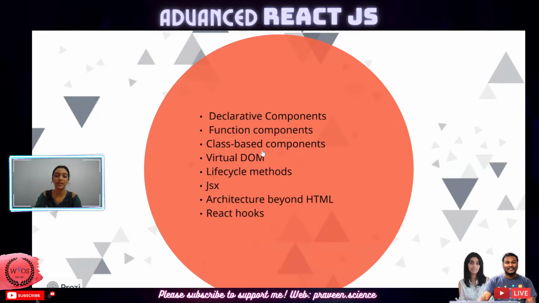The developers design views for each state of an application, and React updates and renders components when data changes. React code is made of entities called components. Components can be rendered to a particular element in the DOM using the React DOM library. Function components are declared with a function that then returns some JSX.